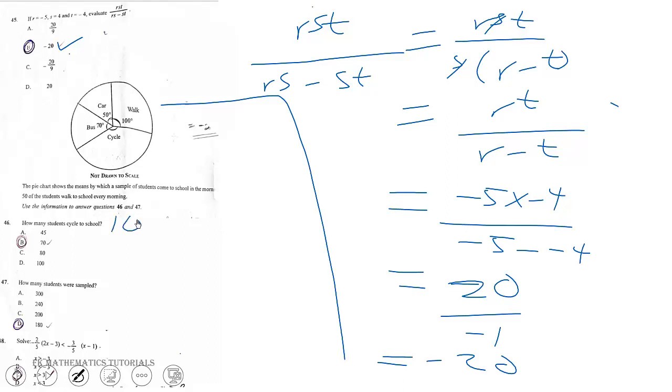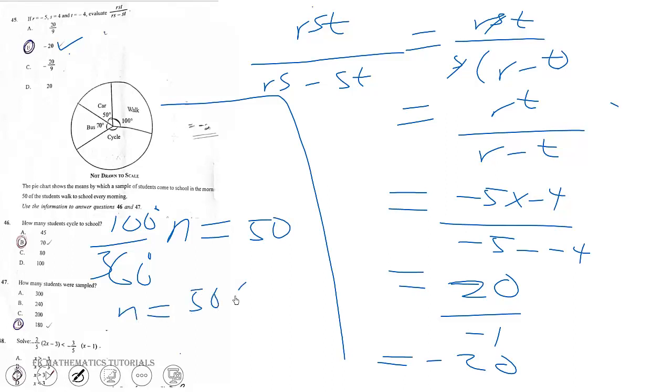So 100 degrees over 360 degrees of the number of students sampled will be equal to 50. So n will be equal to 50 times 360 over 100. So that will give us 180. So the number of students sampled is 180.